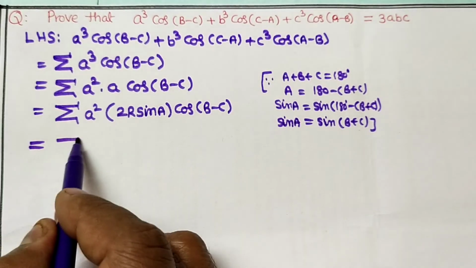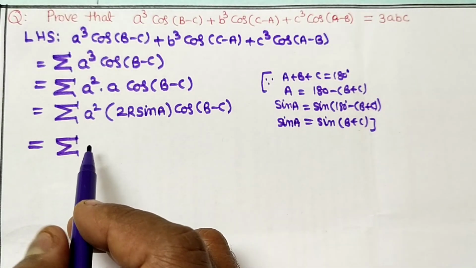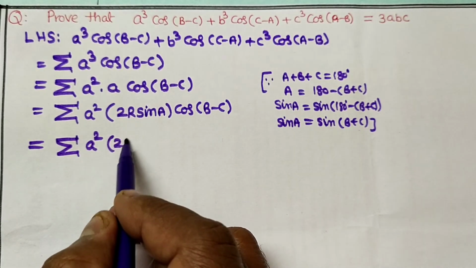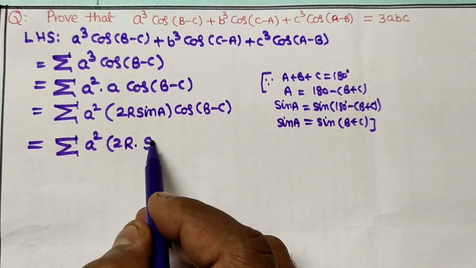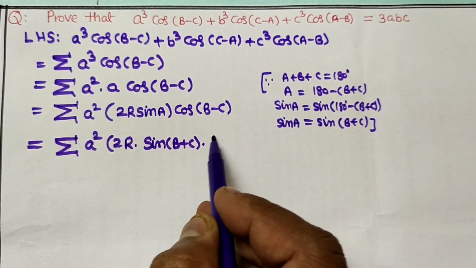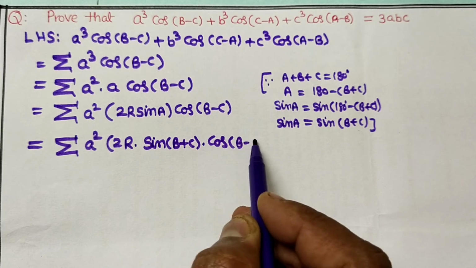So now it will become sigma a square into 2r into, in place of sin a, sin of b plus c into cos of b minus c.